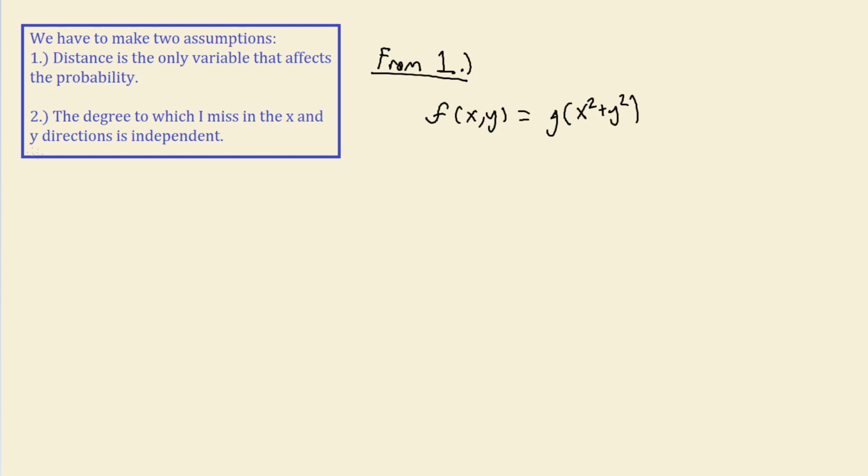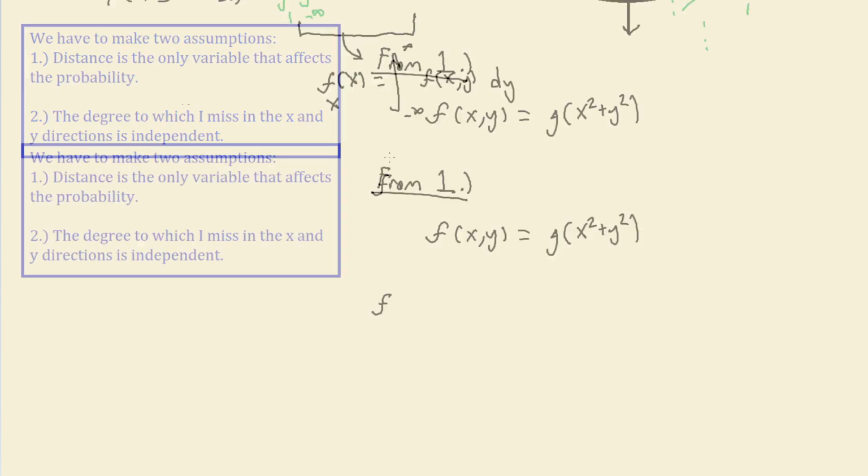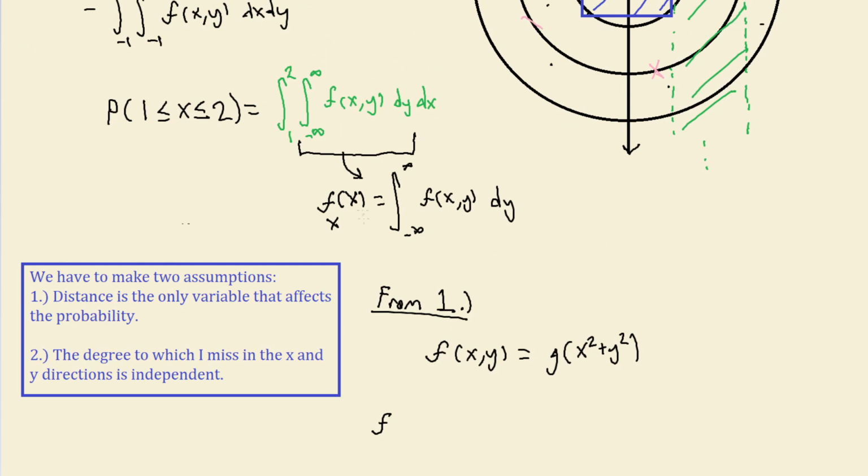The second assumption that we want to make is that the degree to which you miss in the x direction and y direction is independent. Why do we want to make that assumption? Well, if the degree to which you miss in the x and the y directions is independent of one another, then you could think of taking this idea of marginal probability distribution, or probability density function for x.